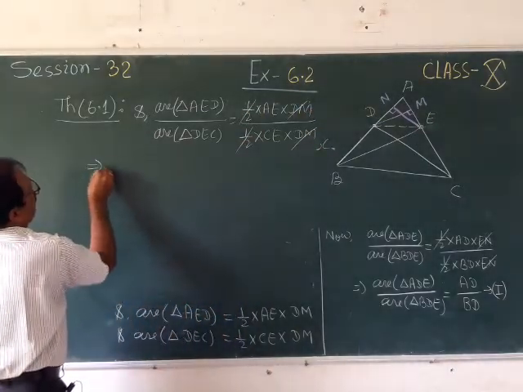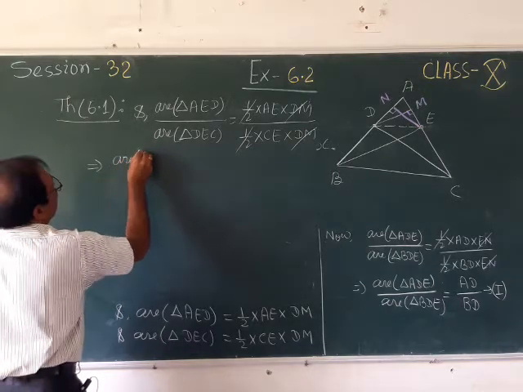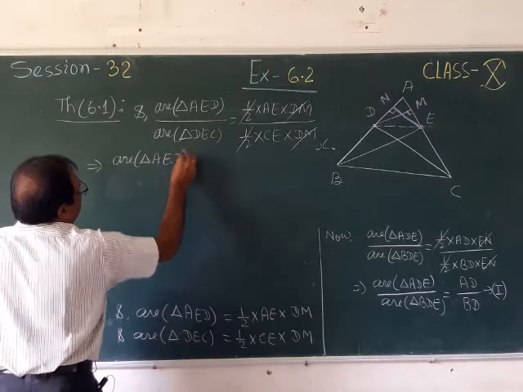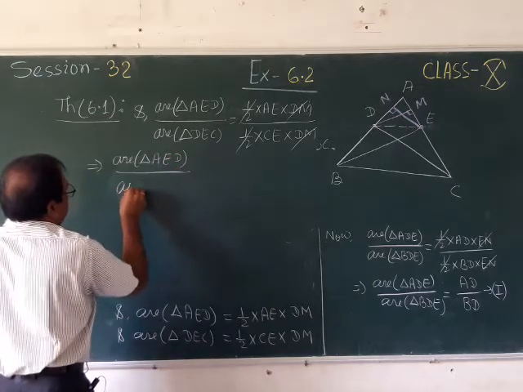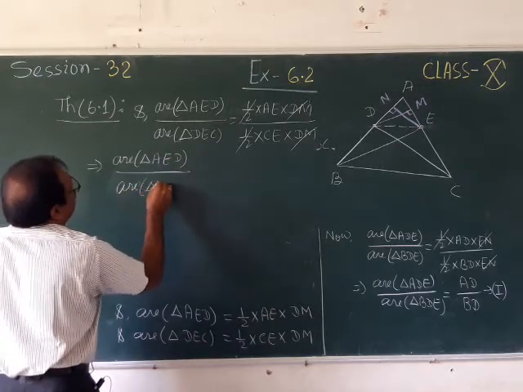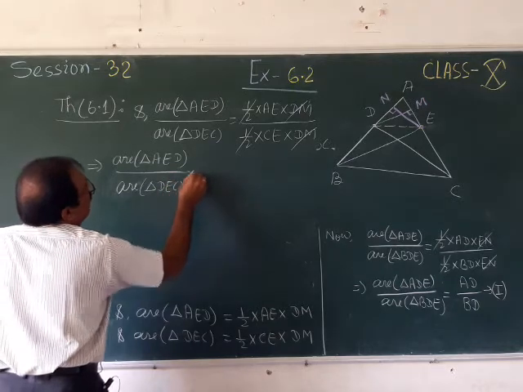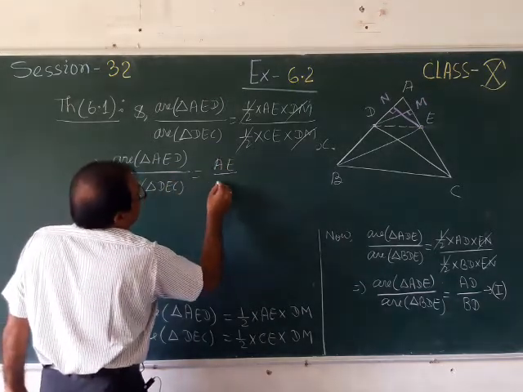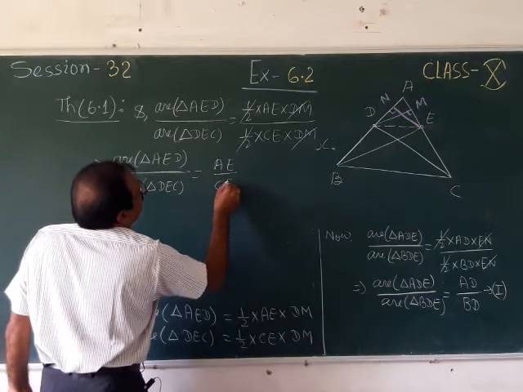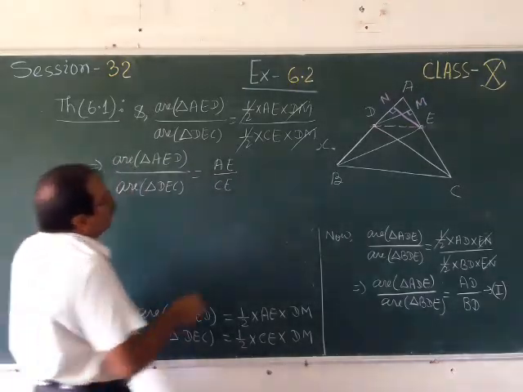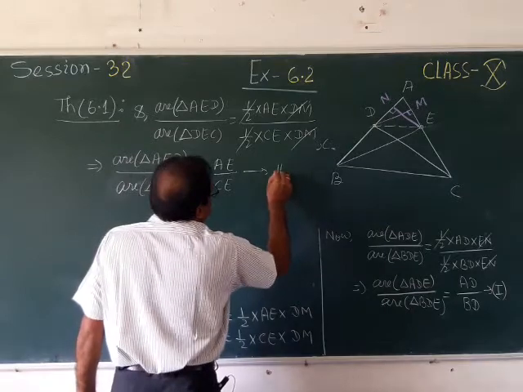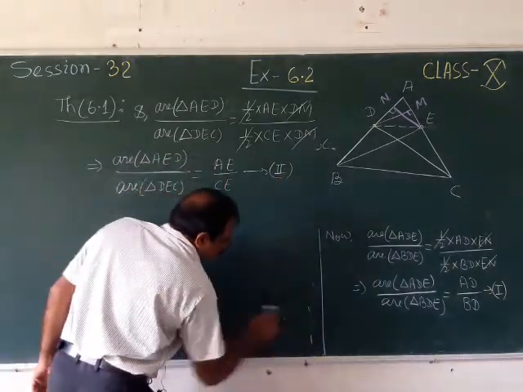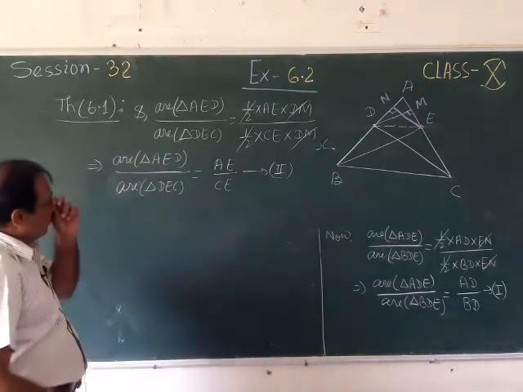That means it is clear that area triangle AED upon area triangle DEC is going to be equal to AE upon CE, or AC, whatever you want to write. This is your relation number 2. So you have seen that your first and second relations appeared.